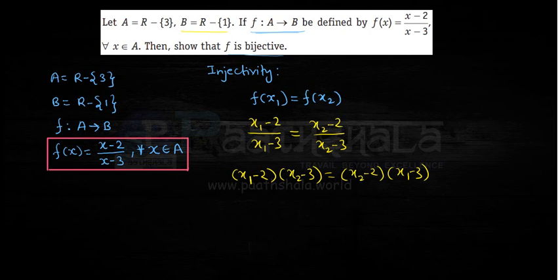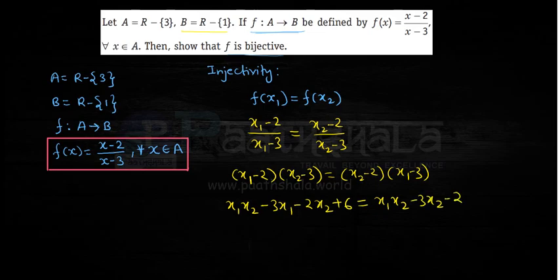So let's open this bracket. What we will get? x1x2 - 3x1 - 2x2 + 6 equals x1x2 - 3x2 - 2x1 + 6. Here we can see this plus 6 and this plus 6 get cancelled out.